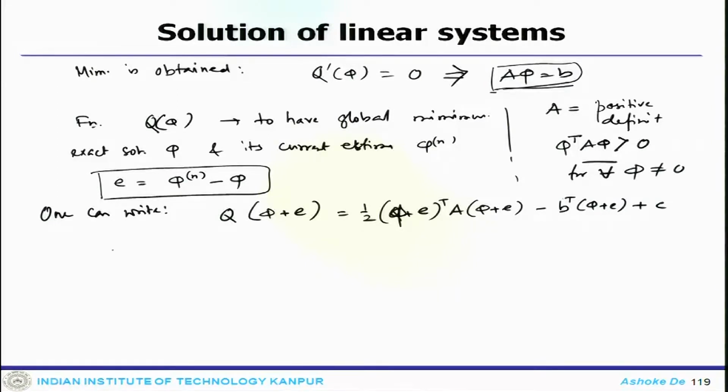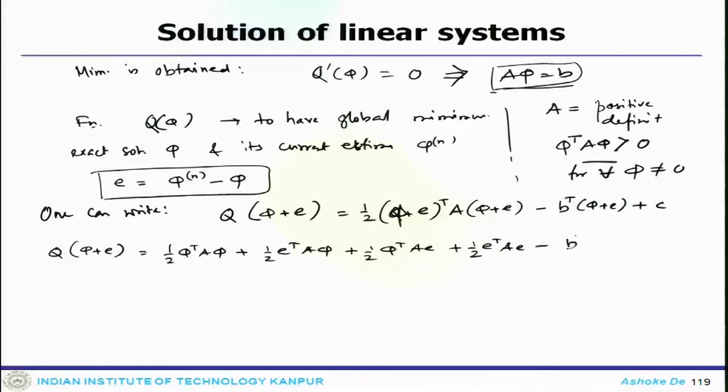If you do some algebraic manipulation, one can write half phi transpose A phi plus half E transpose A phi plus half phi transpose A E plus half E transpose A E minus B transpose phi minus B transpose E plus c.